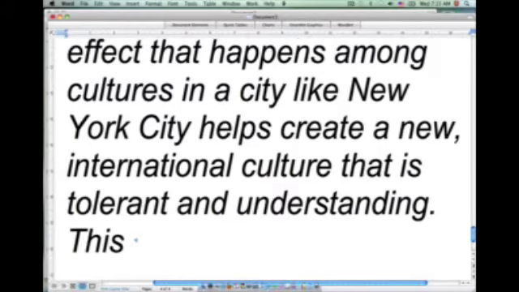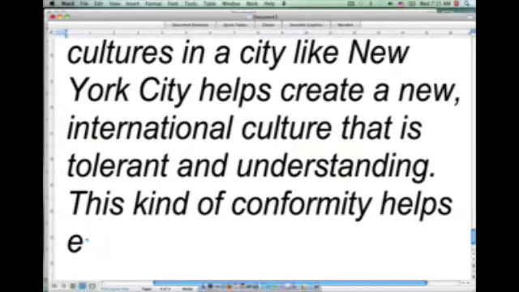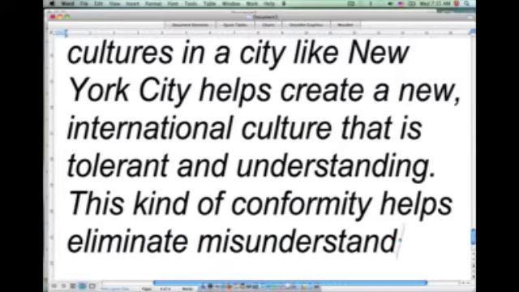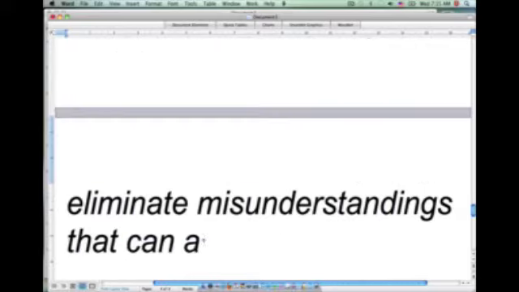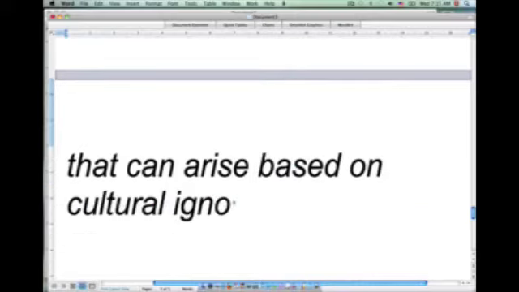So this kind of conformity helps eliminate misunderstandings that can arise based on cultural ignorance.